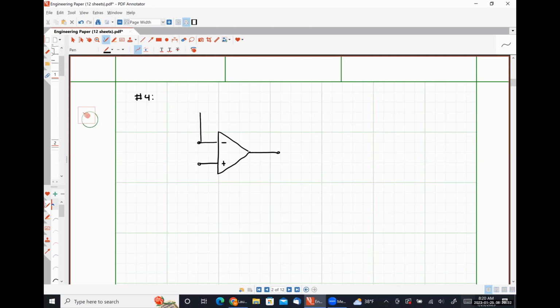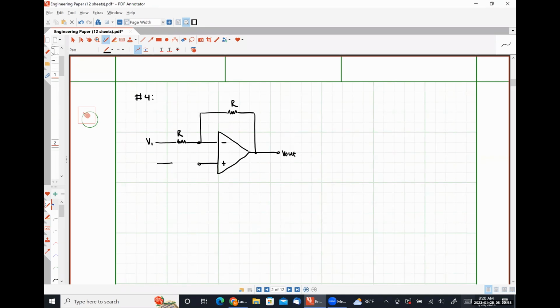So let's say that we have some feedback resistance R, and we have a resistance R here connected between the inverting input terminal and our voltage V1.